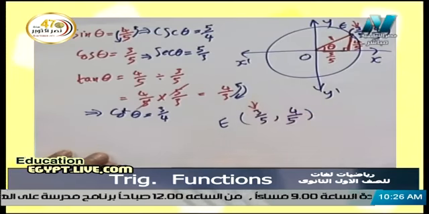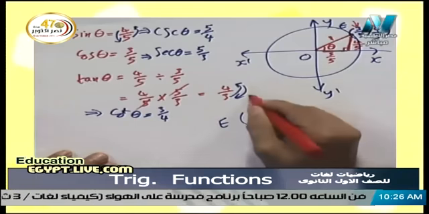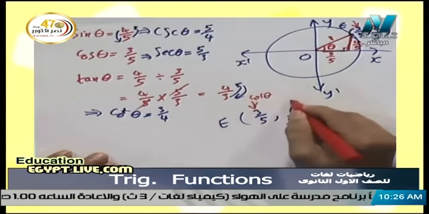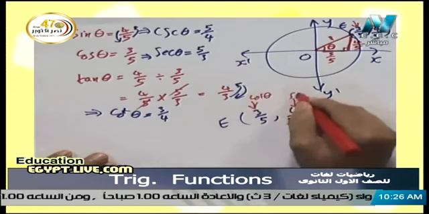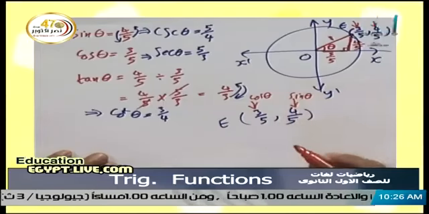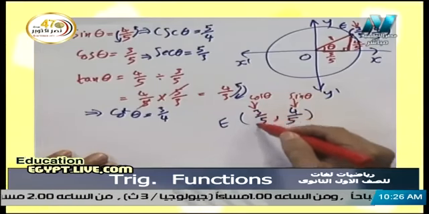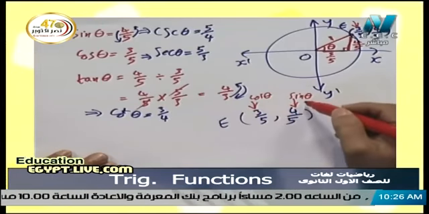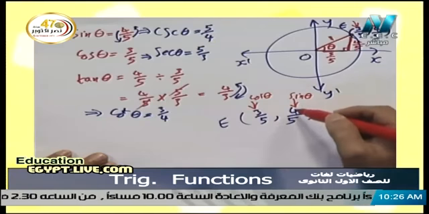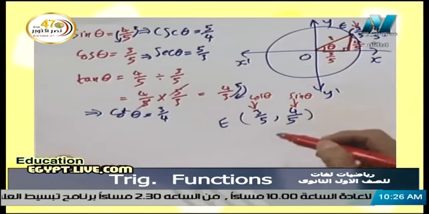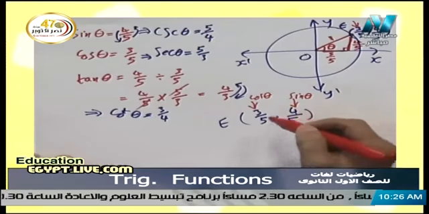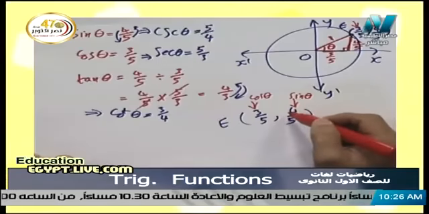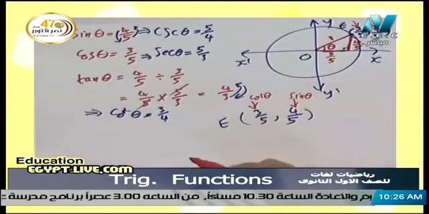This is cosine theta, and the second coordinate is sine theta, and sec theta is the reciprocal of cosine, will be 5 over 3. Cosec theta is the reciprocal of sine, so it's 5 over 4. And tan theta will be sine over cosine, so 4 over 5 divided by 3 over 5.